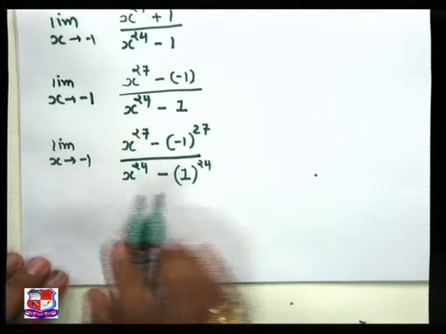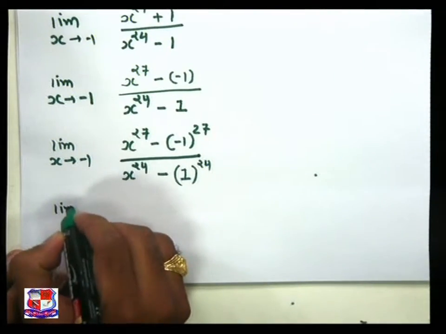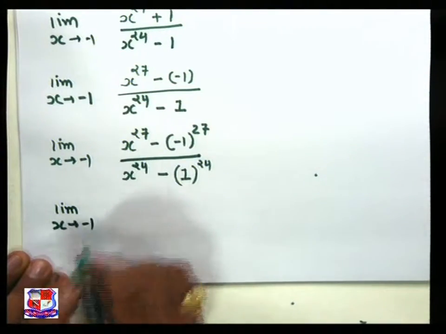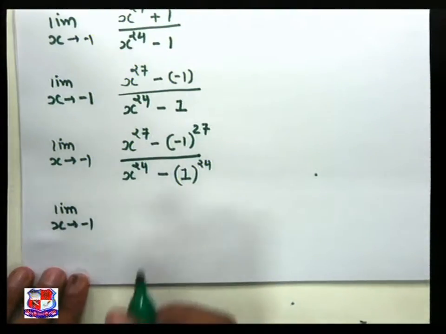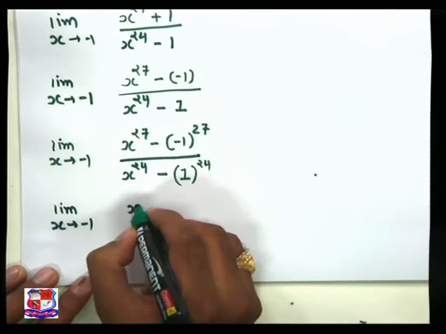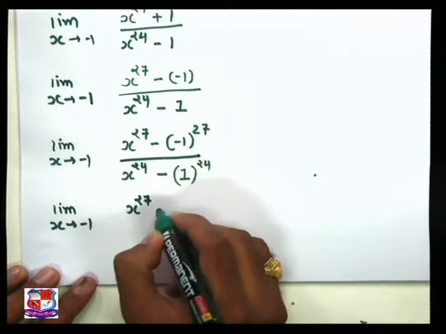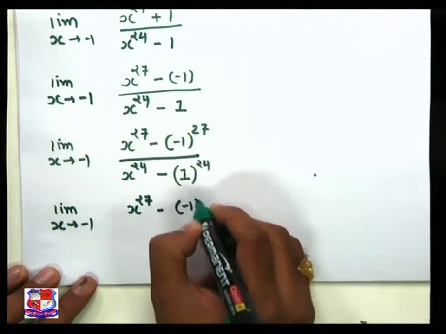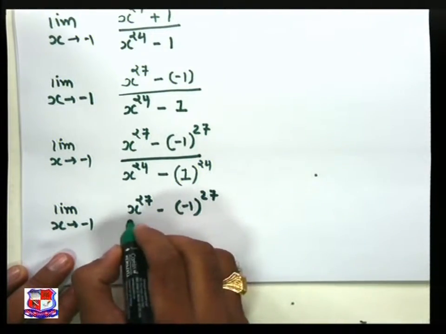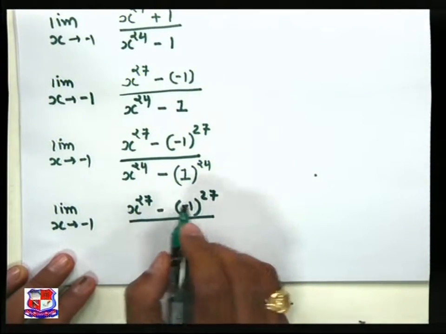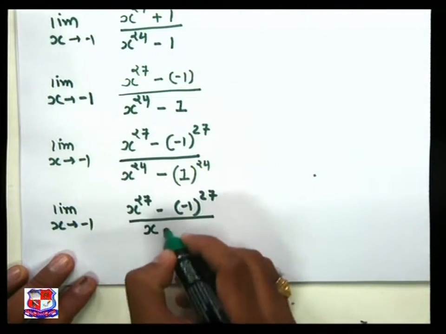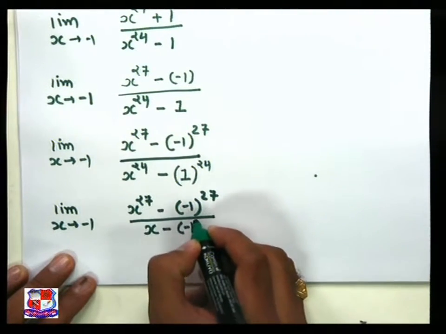So we can write limit x minus 1, x raised to 27 minus 1 raised to 27. Our term must be the same, x minus a, so we divide by x minus a.